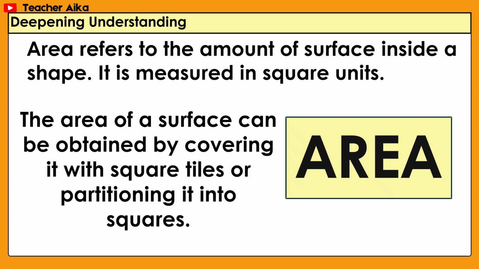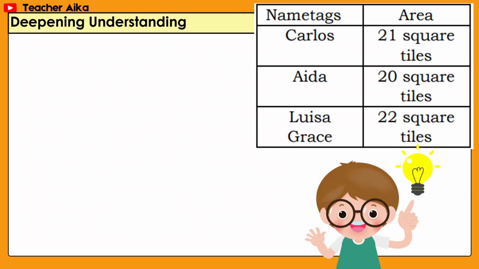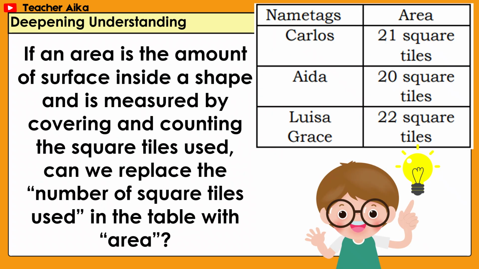The area of a surface can be obtained by covering it with square tiles or partitioning it into squares. If an area is the amount of surface inside a shape and is measured by covering and counting the square tiles used, can we replace the number of square tiles used in the table with area?